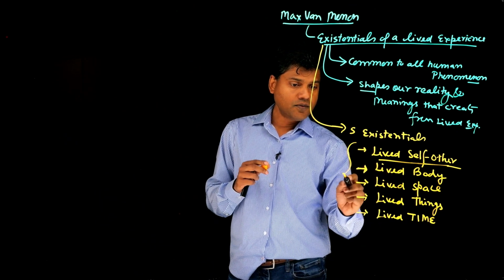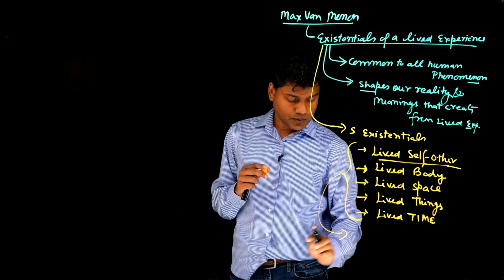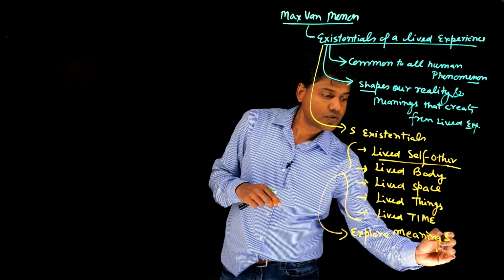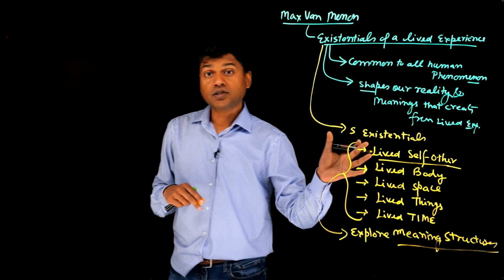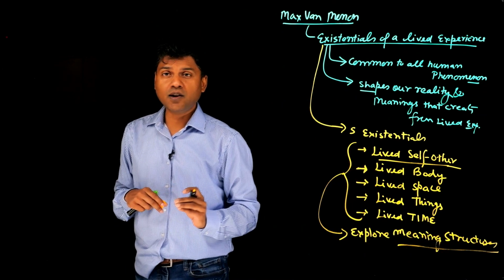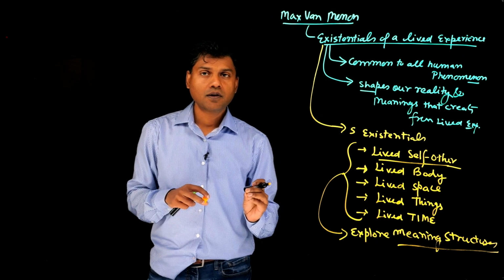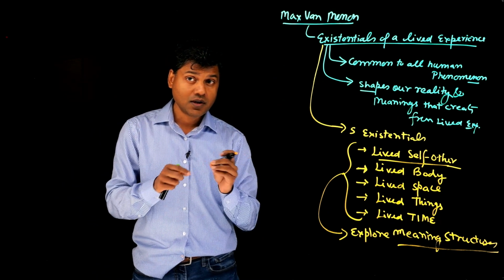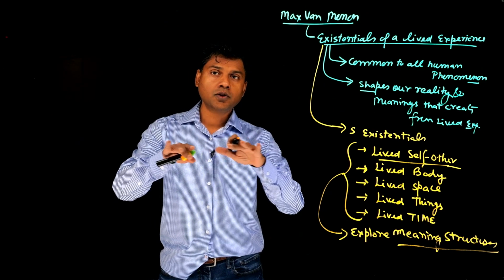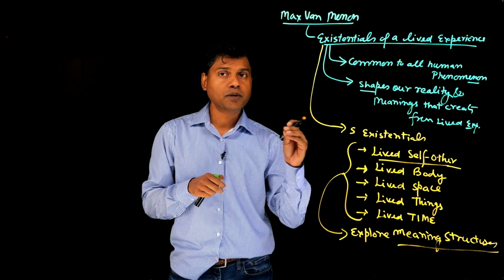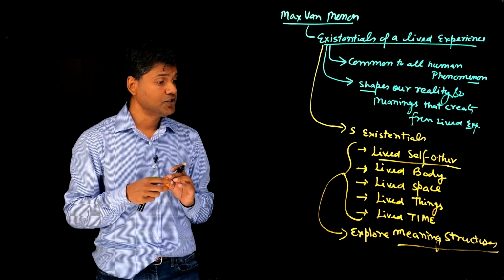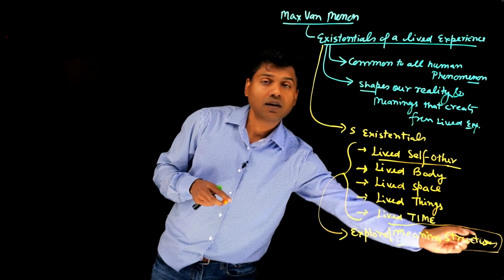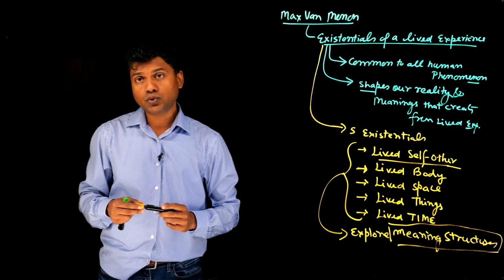And all these 5 will help us explore meanings and structure. These existentials will help us understand what the core structures are of the lived experiences of the people who have shared their experience. So this will help us experience the meaning and the structure underlying those meanings.